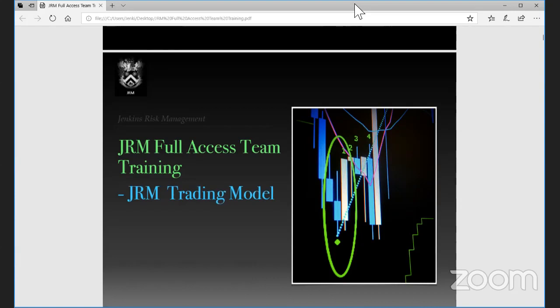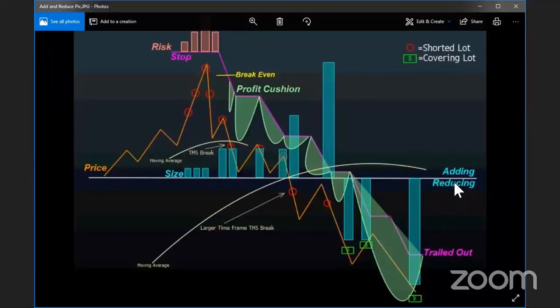I tried to do a visual of this on Bloomberg, and if I had to summarize this method in a visual, this is my best effort. I did this on a Bloomberg chart many years ago.